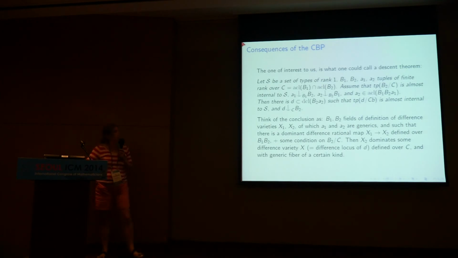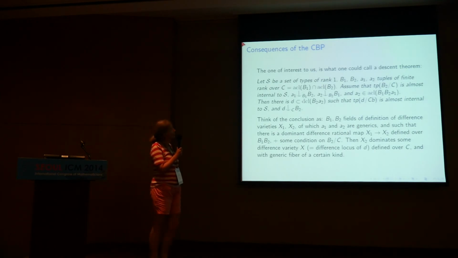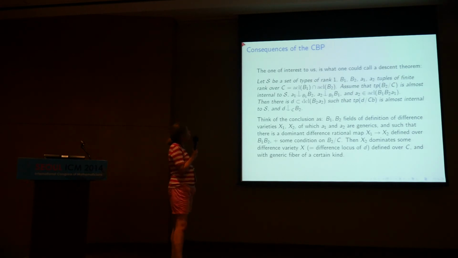I stated it first in the very model theoretic manner. The funny symbol there just says that A1 is independent from B1 over B2. Here I have fields B1 and B2, fields of definition of difference varieties.